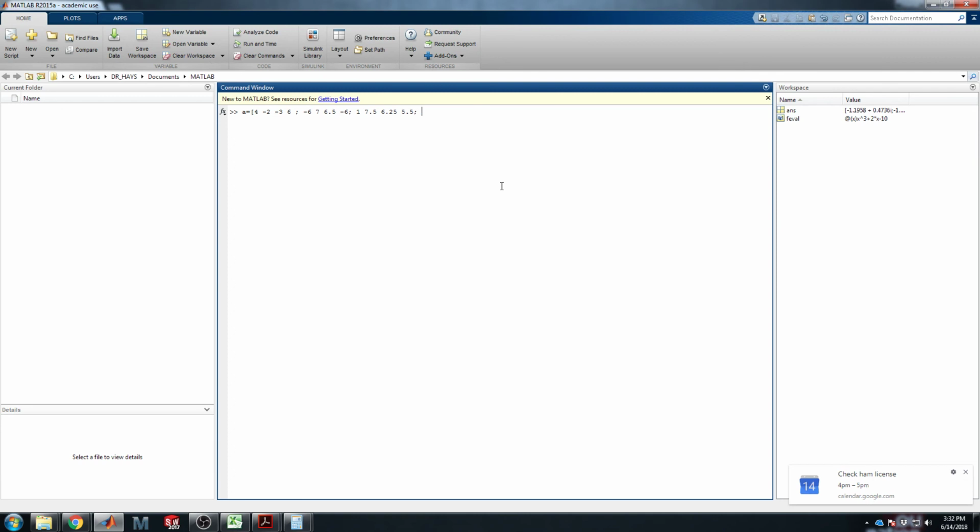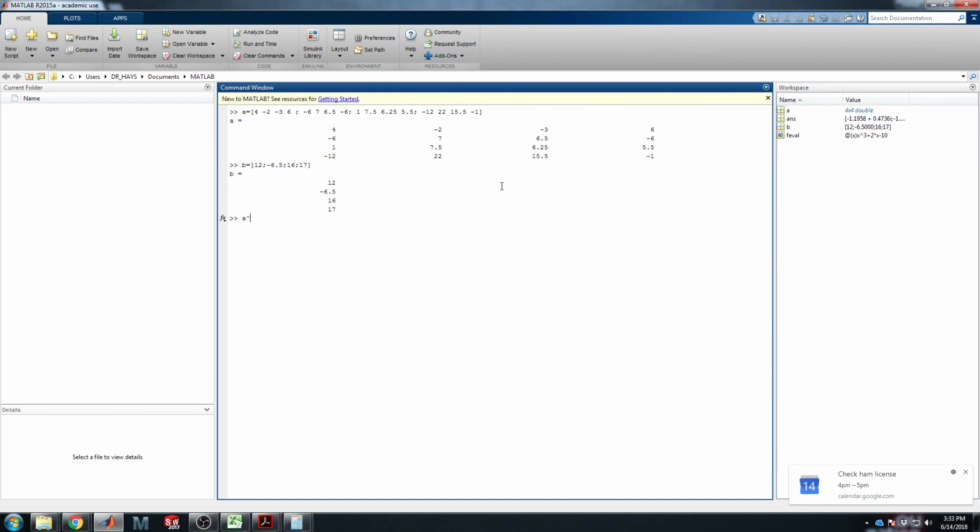Reading them to myself, I suppose, so I don't mess these up on entry, like that. A. Alright, so the solution vector B, have to enter that as well for good measure. 12, negative 6.5, 16, 17.